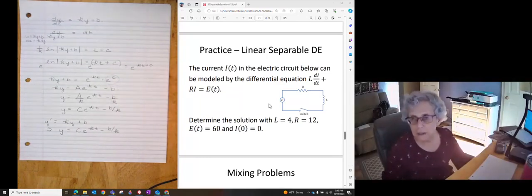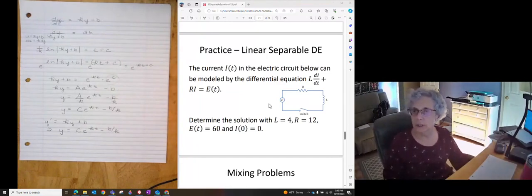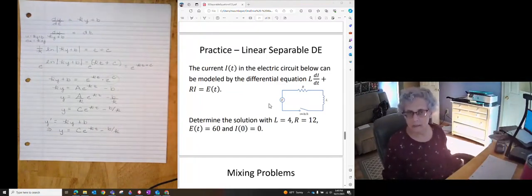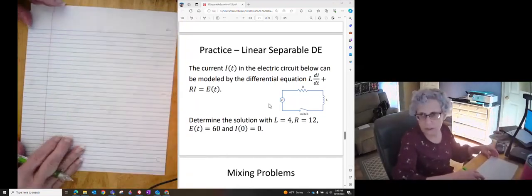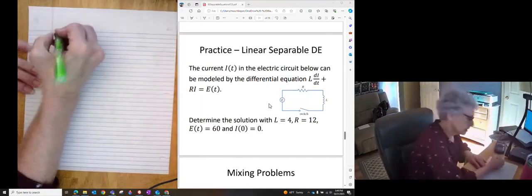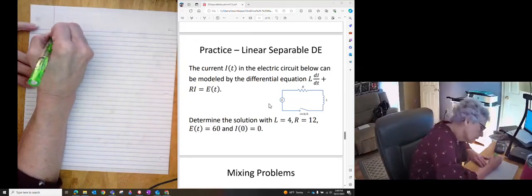So, the current I of t in the electrical circuit shown below can be modeled by that differential equation. I'm going to need to write that differential equation down on one line because it's separated on two lines, and that's annoying to me.